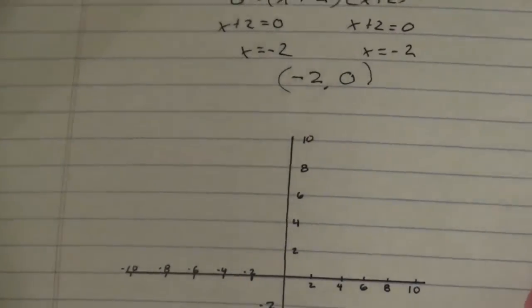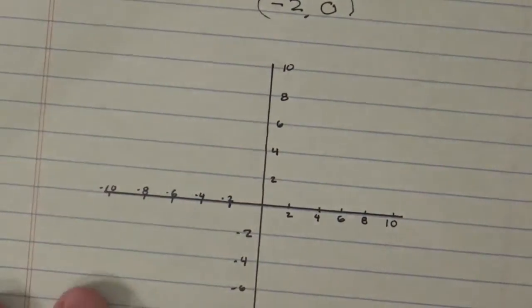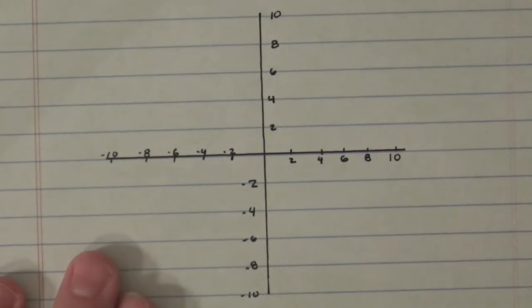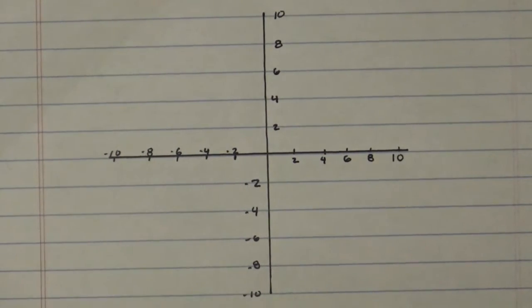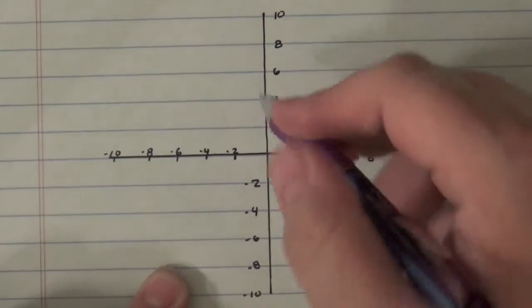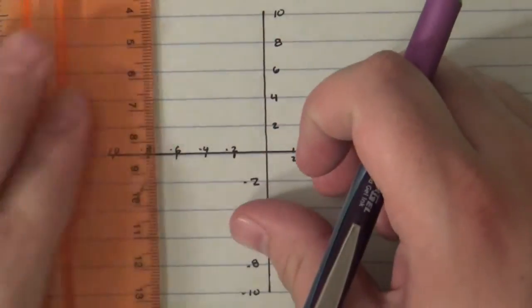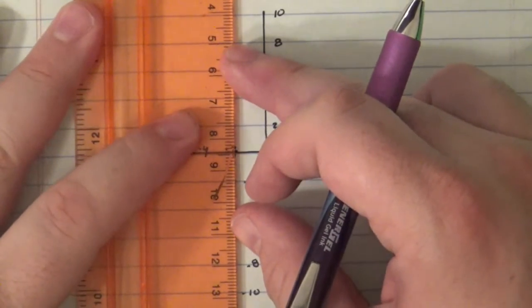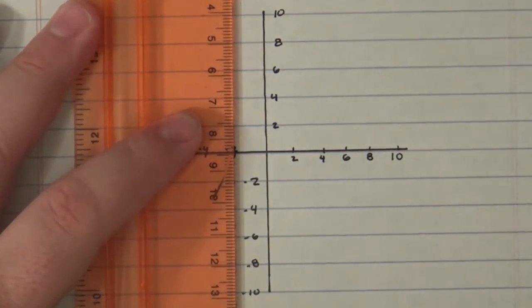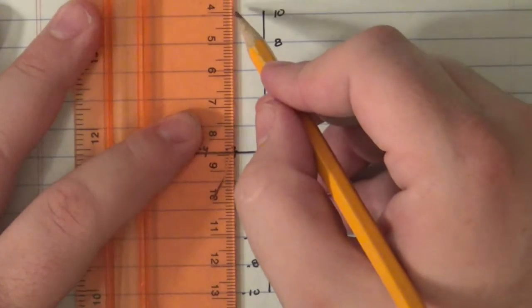So what we're going to do is we're going to take all that information that we just did and we're going to plot it. Alright, so first off, it says that our axis of symmetry is at x equals negative 2. So here's negative 2, and my axis of symmetry, I'm going to kind of draw this one with a pencil, because generally speaking, we don't include this in the final graph.